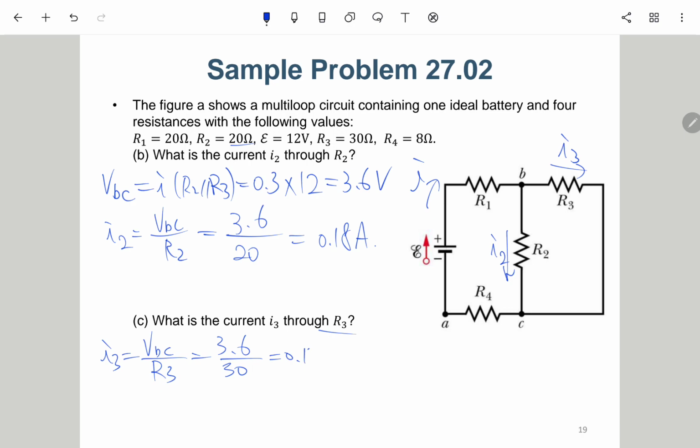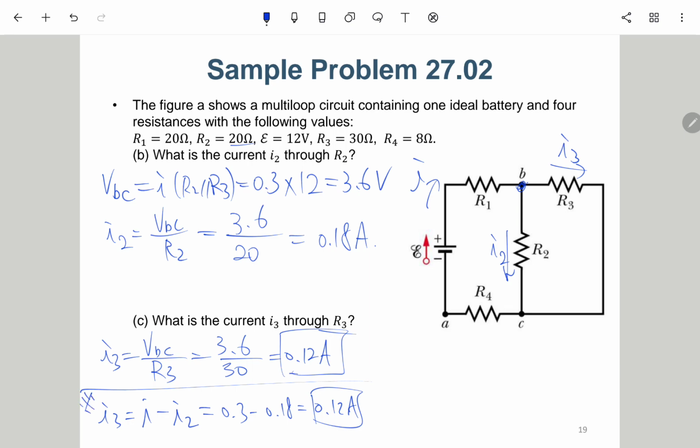So this is 0.12 A. Sorry, not right hand rule, Ohm's law. Or you can also use KCL at this point: I3 will be I minus I2. So it is 0.3 minus 0.18, which is 0.12, which gives you the same answer.